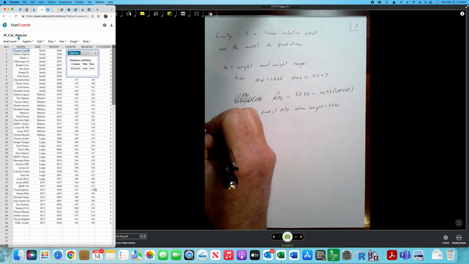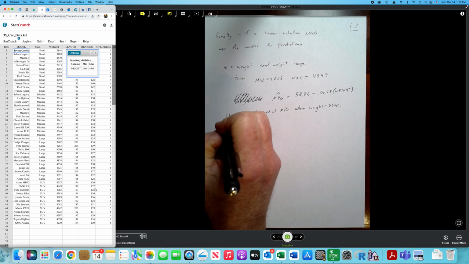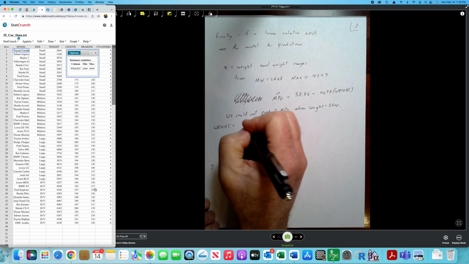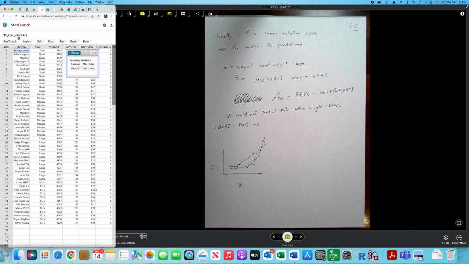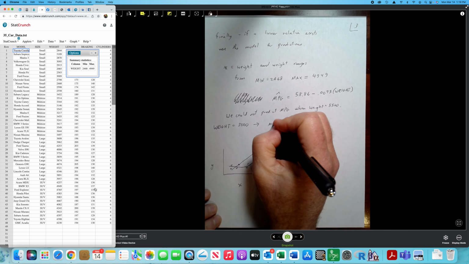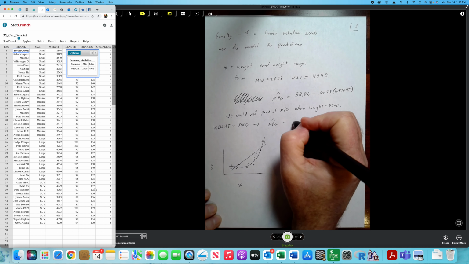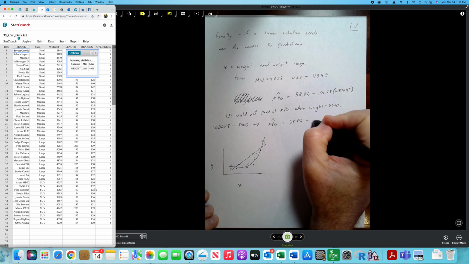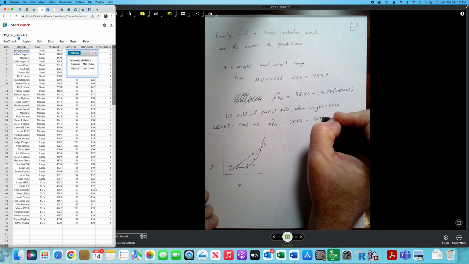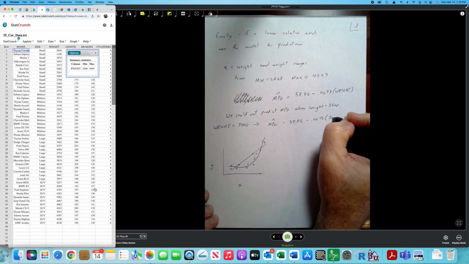Now, if the weight, for example, is say 3,000 pounds, then we can proceed, right? So the miles per gallon that we would predict would be 58.86 minus 0.075 times 3,000.